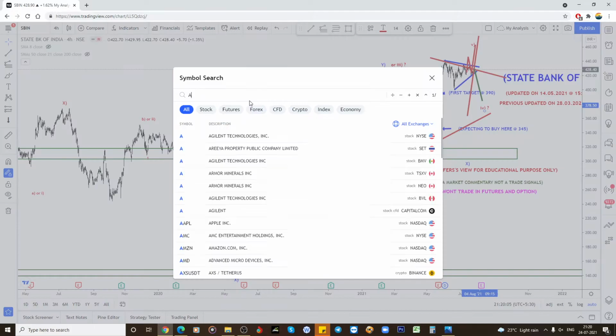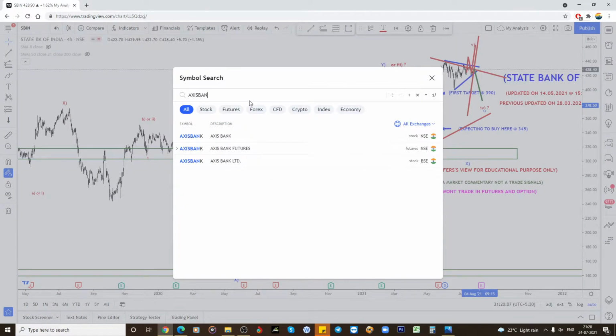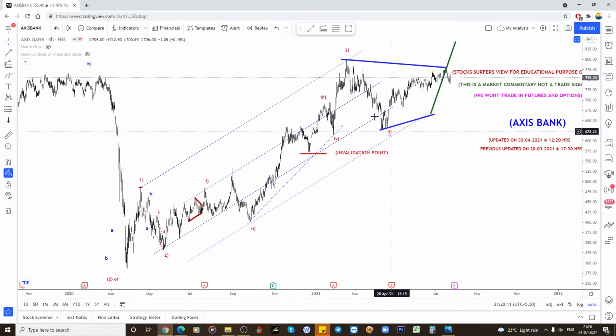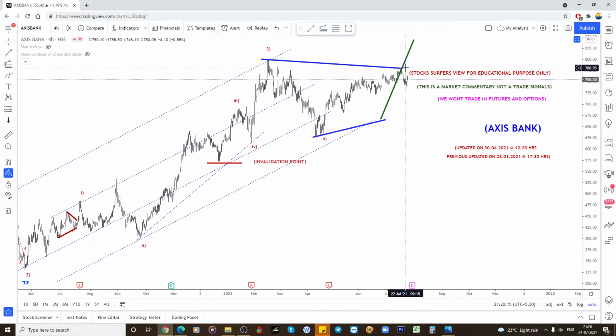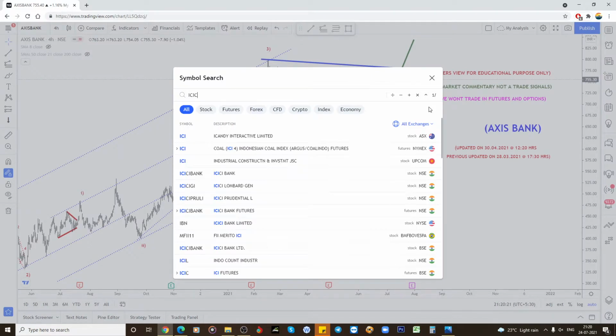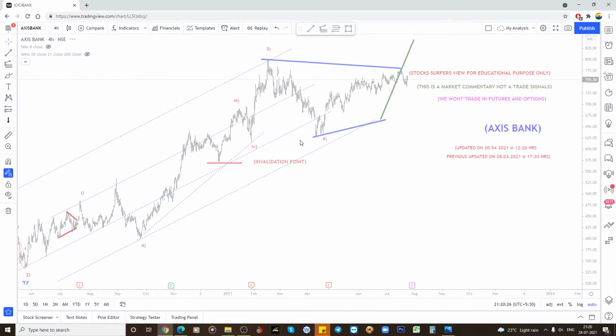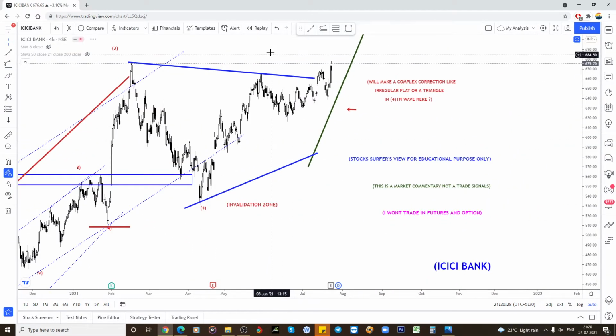And Axis Bank, say Axis, ICICI, everything is in the same structure. So I'm not going to buy here. Only if it reaches this zone, I will consider making a buy, not in this zone. So let's move on to ICICI Bank. Yeah, it is looking like a double top.